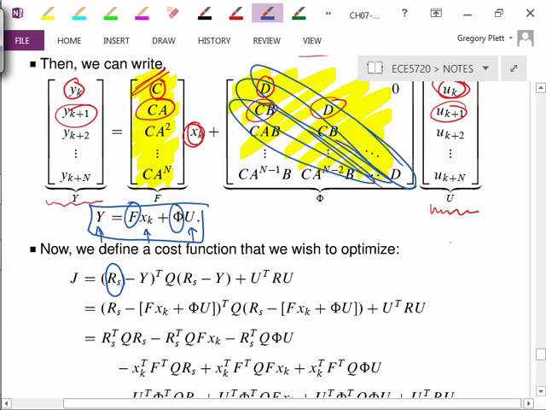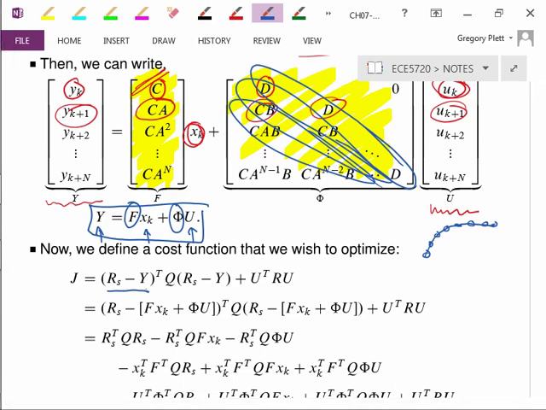So if we want some performance variable like, for example, state of charge maybe, if we wanted state of charge to follow some trajectory, then RS is that future trajectory of state of charge versus time. So RS minus Y is our failure to achieve that trajectory.